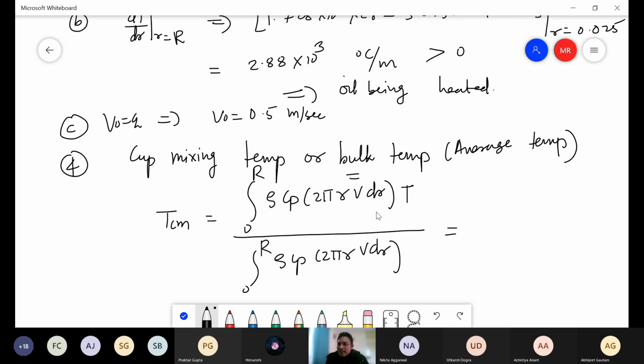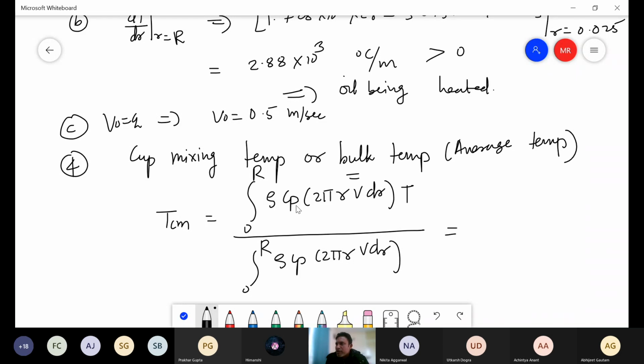Sir, this is the standard formula for calculating. Yes. So here, in a way, it is averaged over energy. 2 pi R V dR is basically the volumetric flow rate, velocity into this area, and multiplied by rho will give you a mass flow rate.